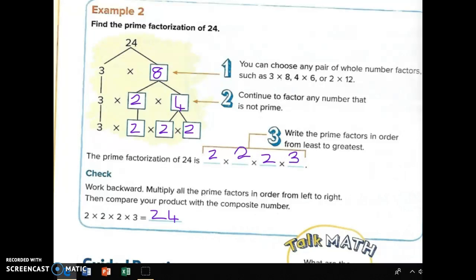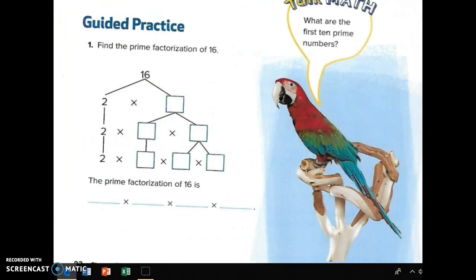Now, let's see if you understand what we have just learned. Can you try to find the prime factorization of 16? I will give you time to think. Go on, try it by yourself.